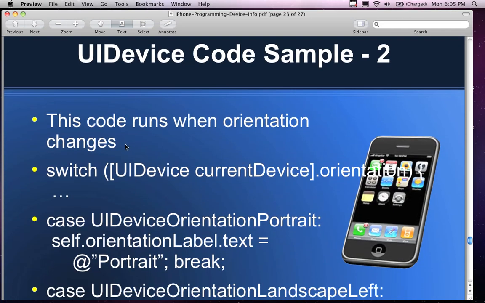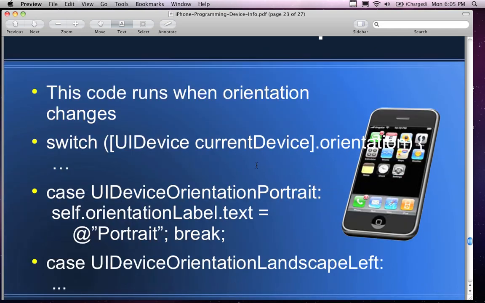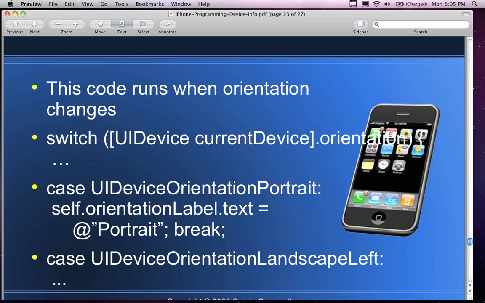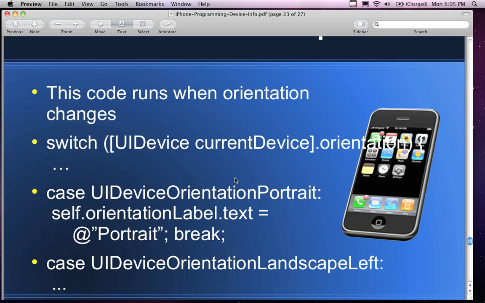It's going to switch on the orientation; for a case where it's portrait, we're going to change the label to "I'm in portrait mode." So you can write a little app that, when you move it, says "I'm in portrait mode," "I'm in landscape mode." It's sort of like the hello world of device information, letting you know what's going on with the device itself.